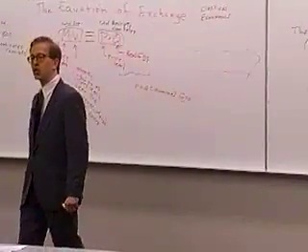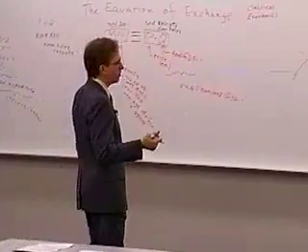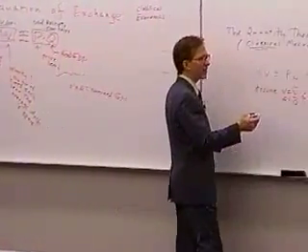The classical economists assumed velocity was constant, did not change, and they assumed that real GDP in the economy was constant, did not change.